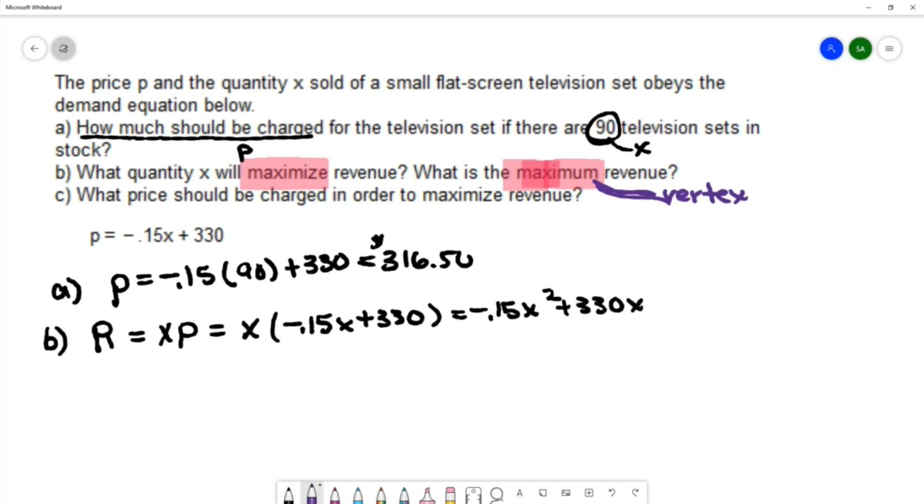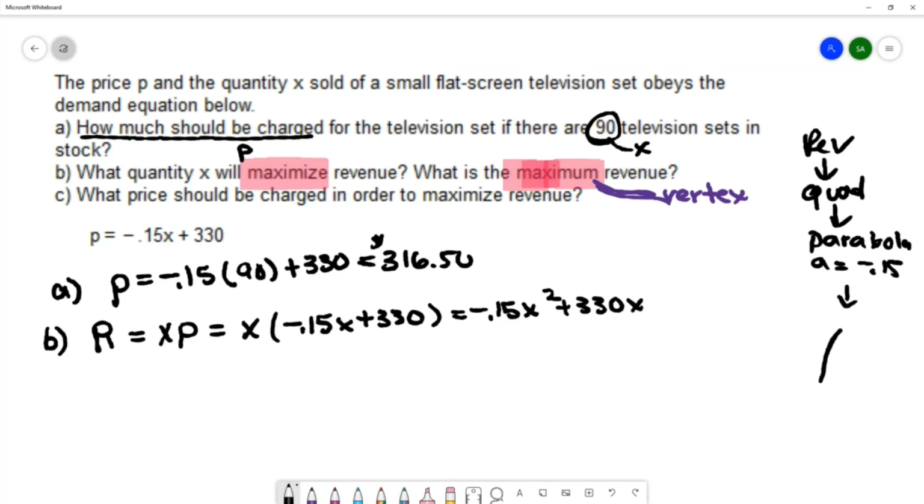Just to back it up a little bit, our revenue is a quadratic. The graph of a quadratic is going to be a parabola. Specifically for this example, a is attached to that squared term, which is negative 0.15. Because that's negative, we know that parabola is going to be down facing, and the maximum will occur at the vertex.